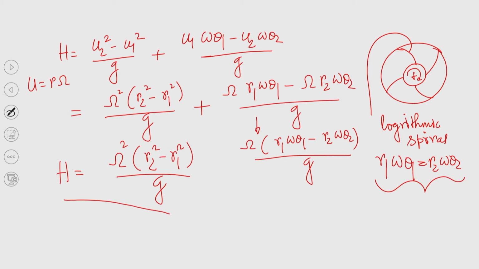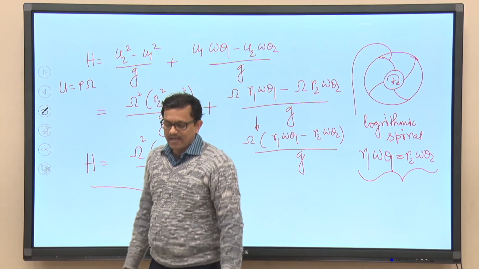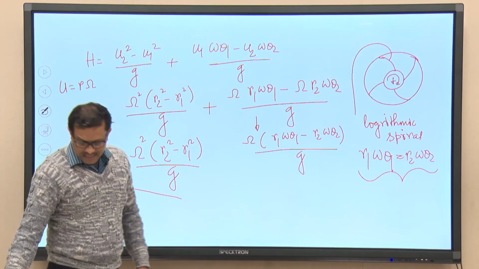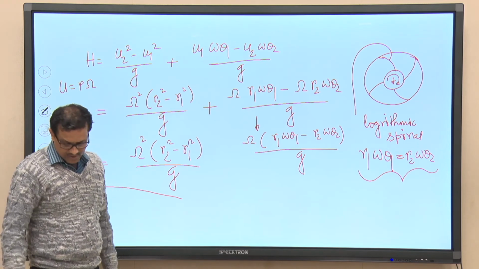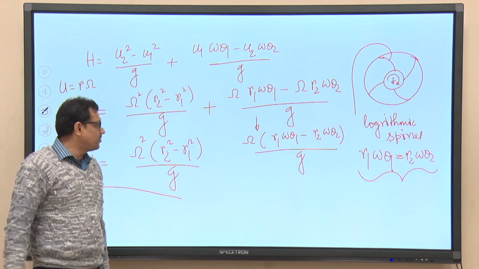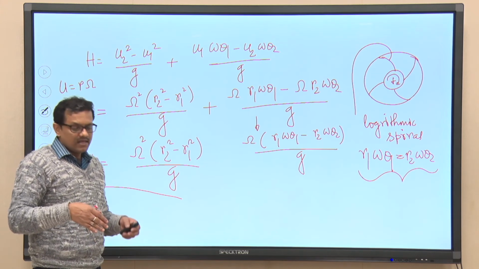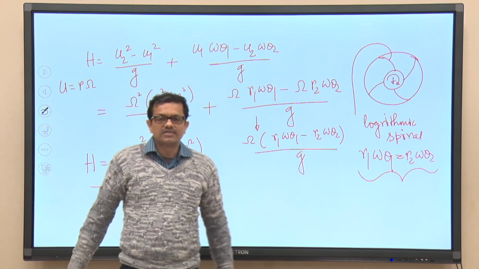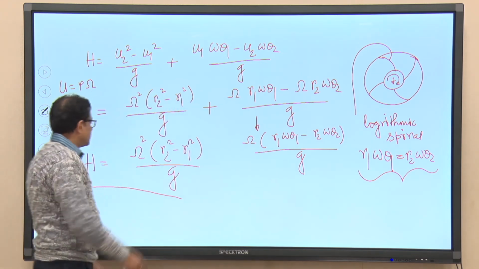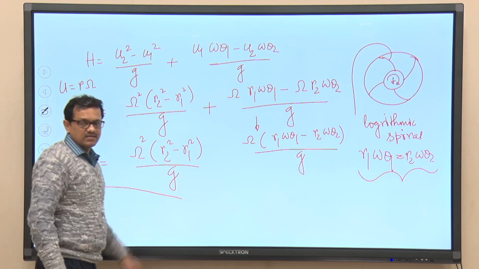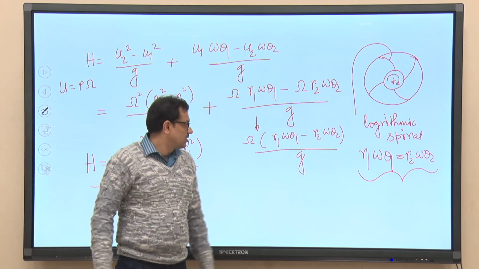So, this is the expression of the net head which will be developed by a radial flow pump, provided the blades are designed following logarithmic spiral. Okay. So, if that is the case, this can be written. In the context of axial flow pump, we will be able to see that this fellow will go away, but we will discuss in the next class.